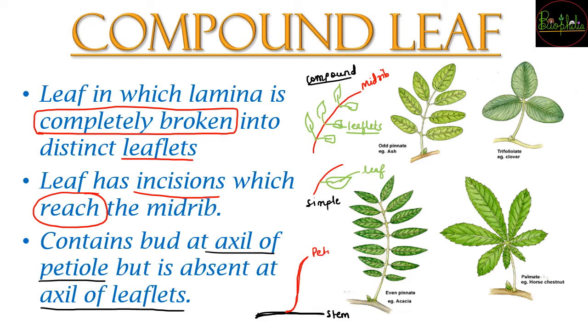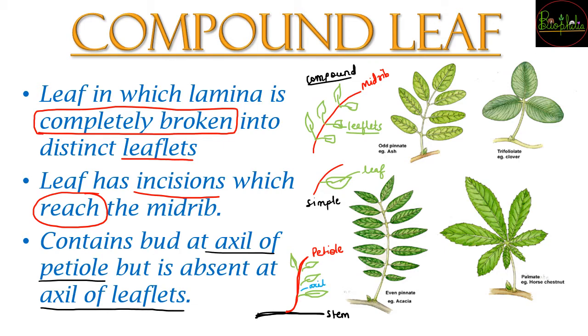So this is your petiole, and from here there are small leaflets that are going to be seen. Now these leaflets are not going to have any sort of bud at their axil area. This is nothing but your axil area.